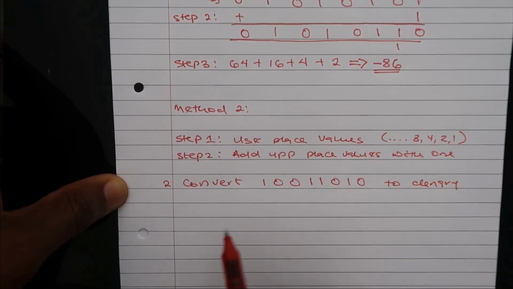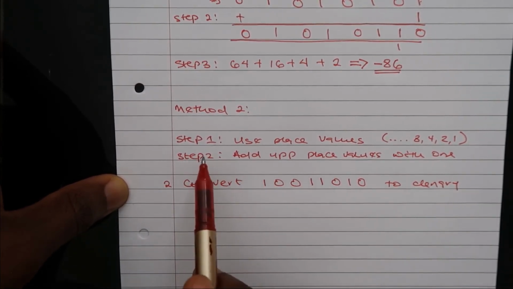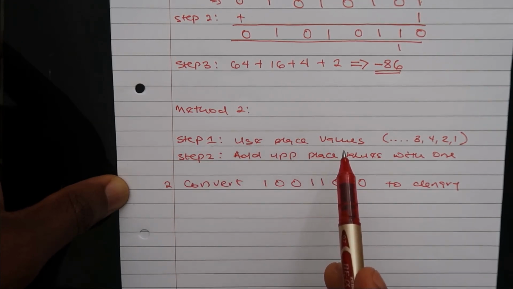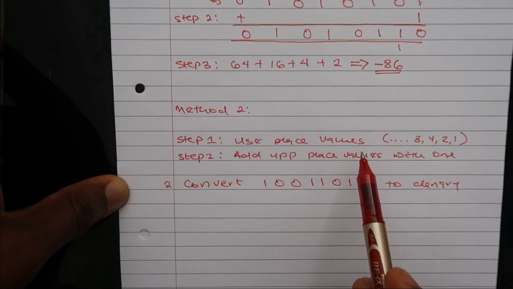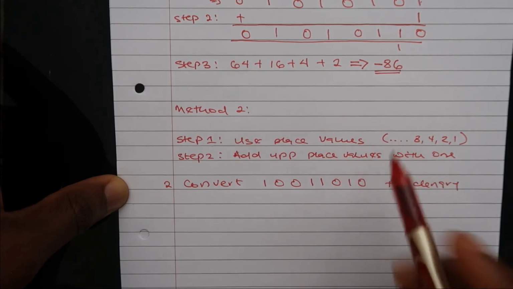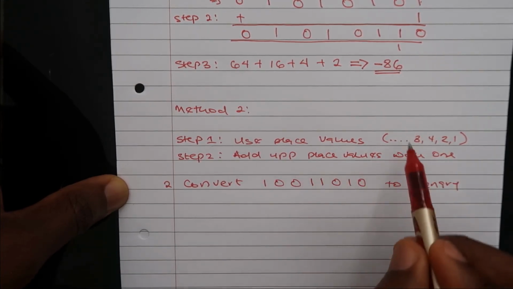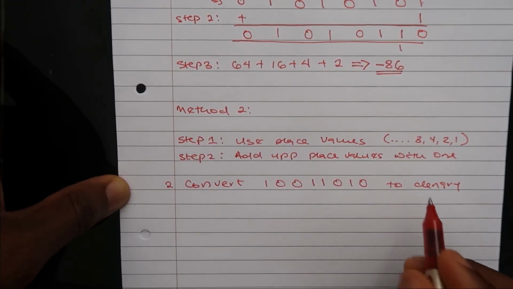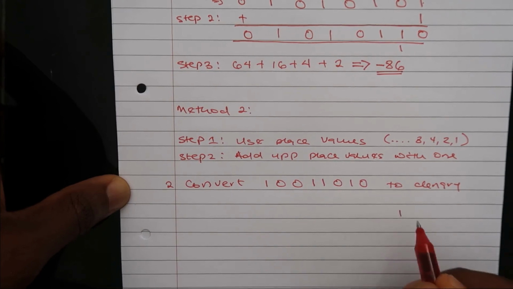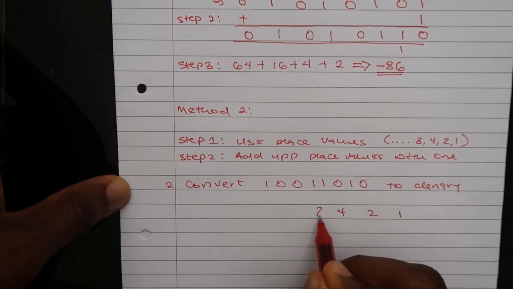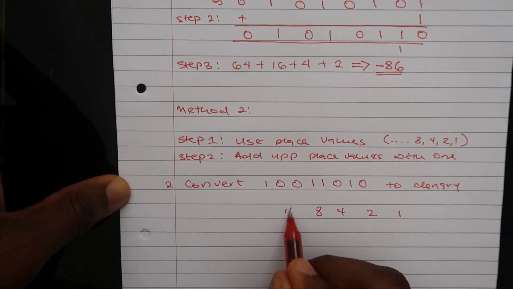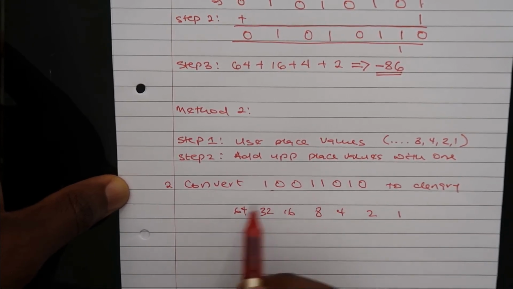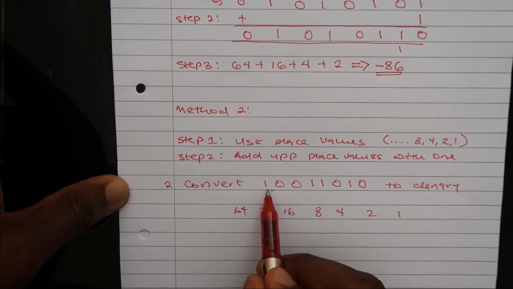Now step 1 here, we said use place values, but making note of our most significant bit. So to use our place values, I'm going to say 1, 2, 4, 8, 16, 32, 64. I'm working with 8 bits here. Now this is a negative value there.